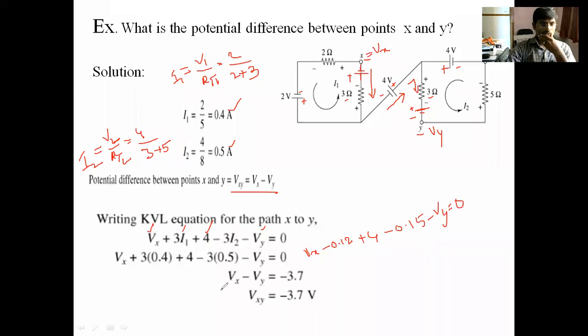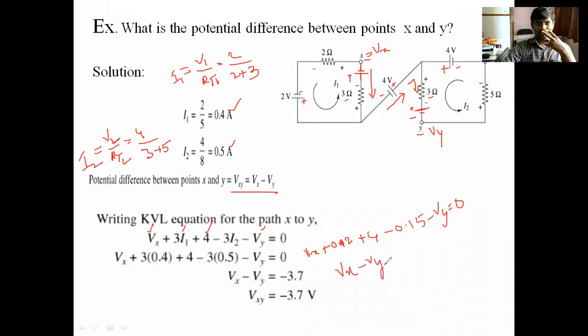So this is equal to, I think it is plus, plus 0.12, 0.15. From this, it is 4.12 minus 0.15.